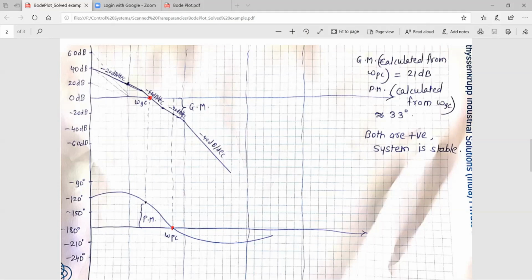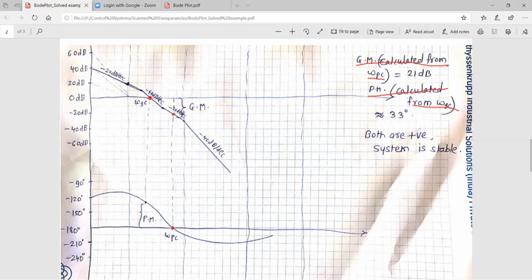Now let us come to the calculation of gain margin and phase margin from the plot. Gain margin is calculated from omega PC and phase margin is calculated from omega GC. How? We have the omega PC point; just take it upwards and draw a dotted line till it intersects your gain plot.